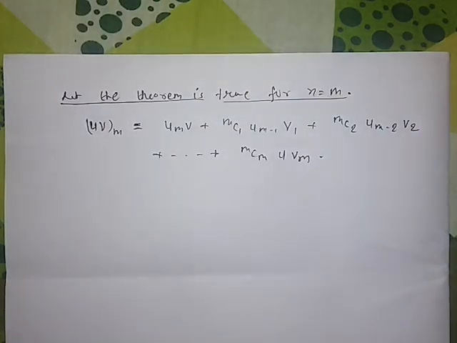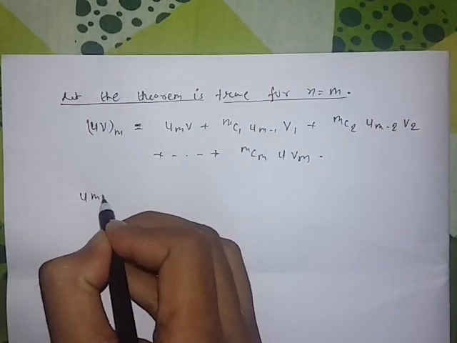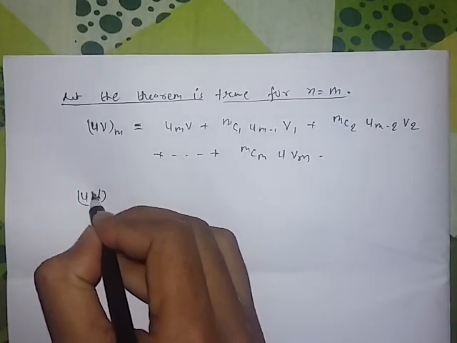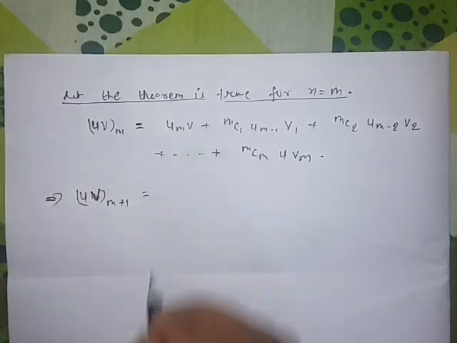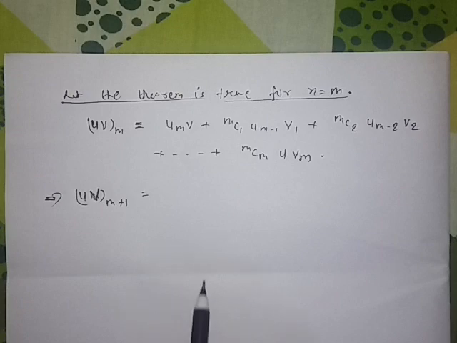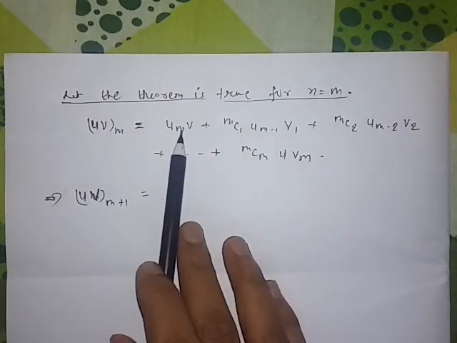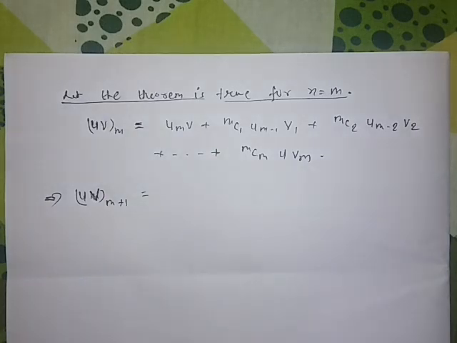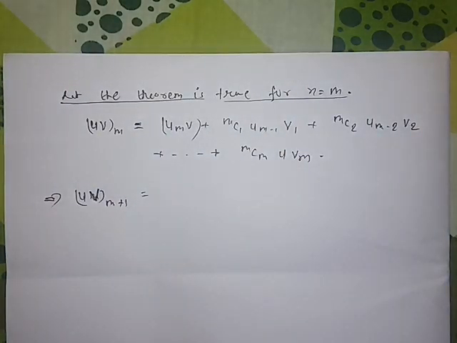Now we are going to prove the theorem is also true for n equal to m plus 1. To obtain (uv)m plus 1, what do we have to do? We have to differentiate this result only once to get (uv)m plus 1. So we will do the differentiation as we have done above.